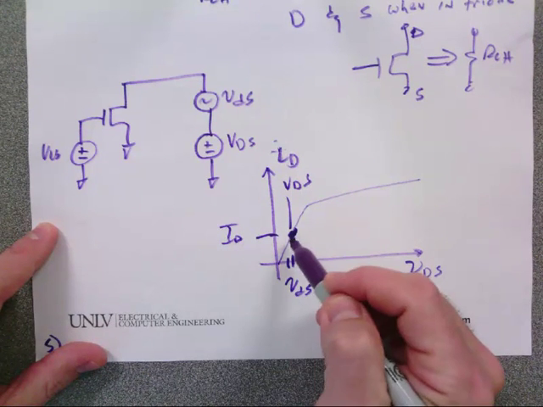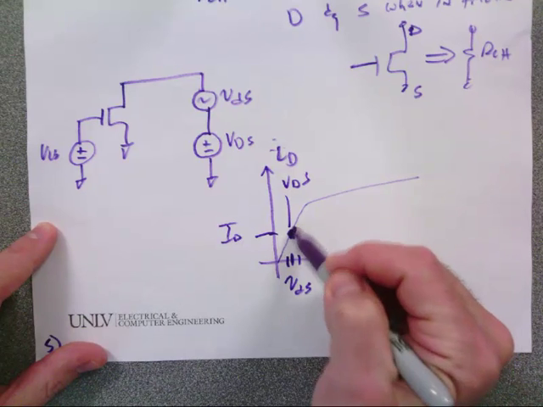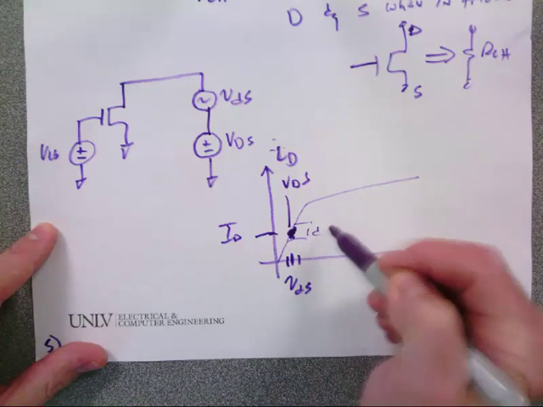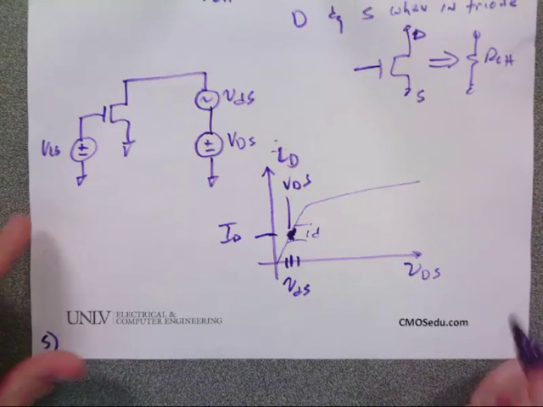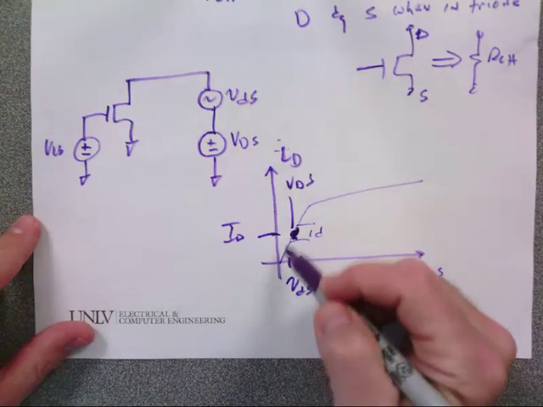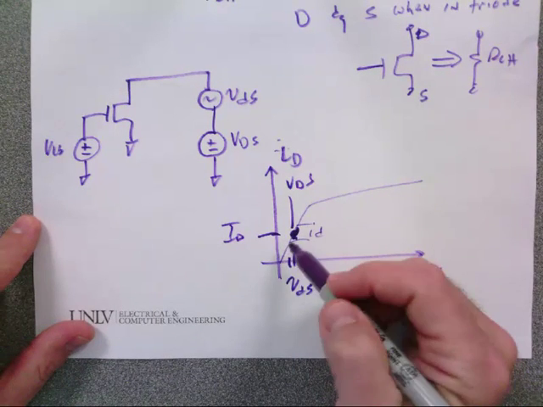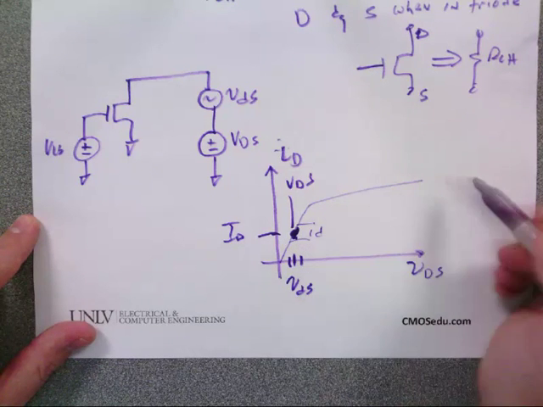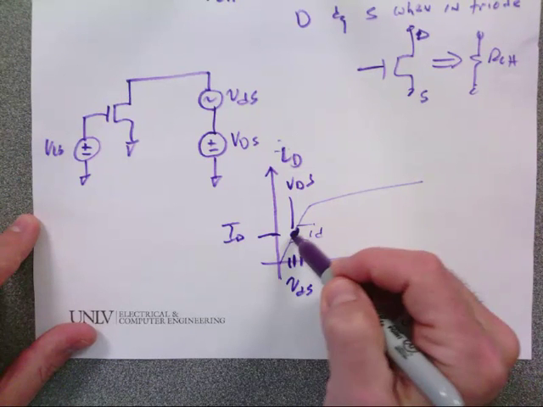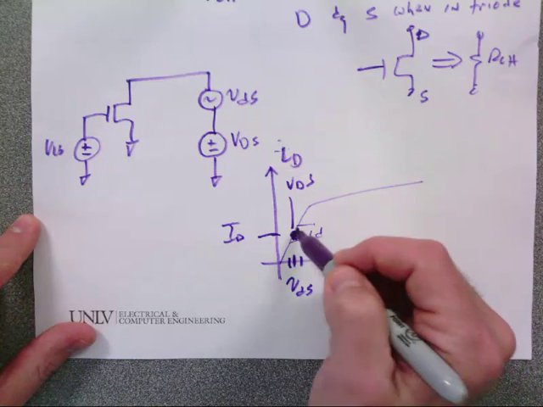Then when I start changing it back and forth, I get some variation, which I'm going to call ID. Everybody follow how easy this is? I turn the valve on just enough to stay in the triode region, so the water at the street is limiting how much water, not the valve. I'm not out here in the saturation. Then I wiggle the valve back and forth, VDS, and measure the current that flows.